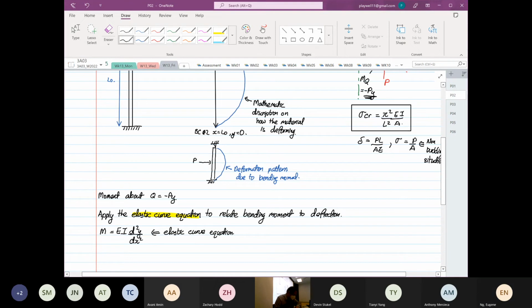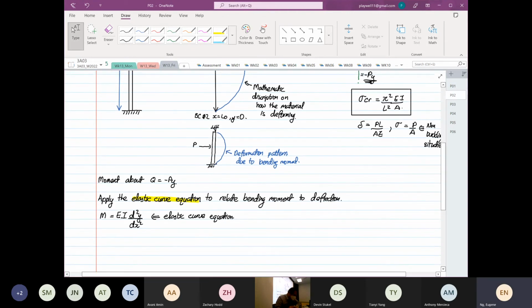So now we know moment is equal to EI d squared y over dx squared. So now if we write d squared y over dx squared, this is equal to M over EI. And our moment over here, which is equal to minus Py, over EI.